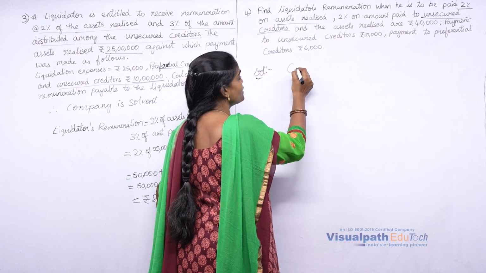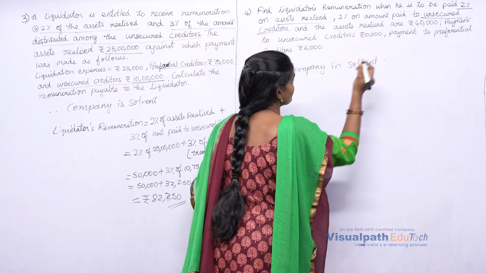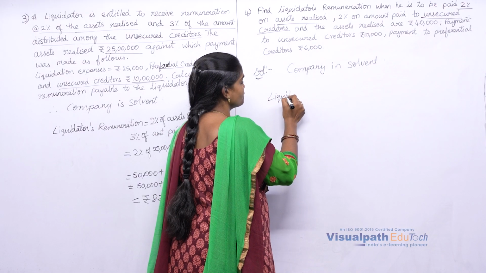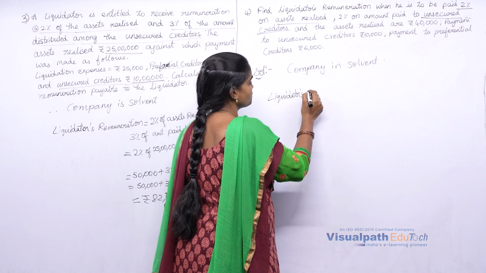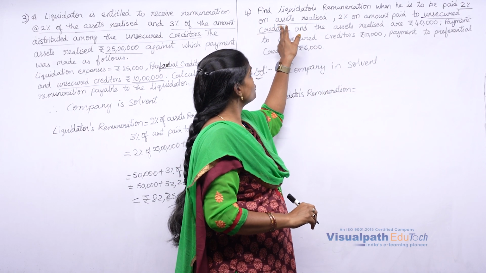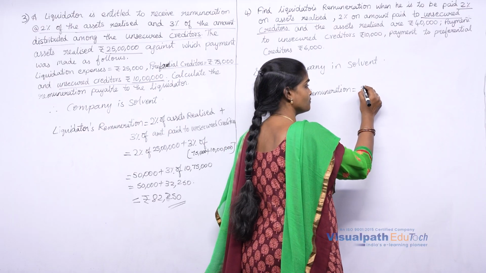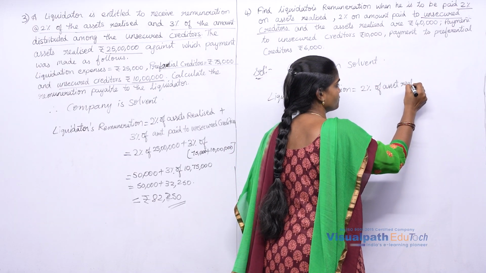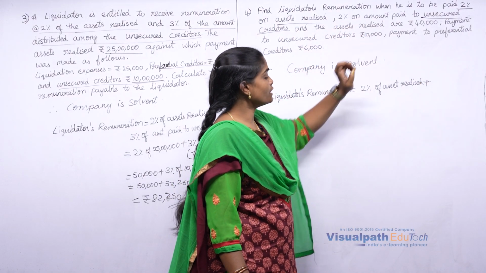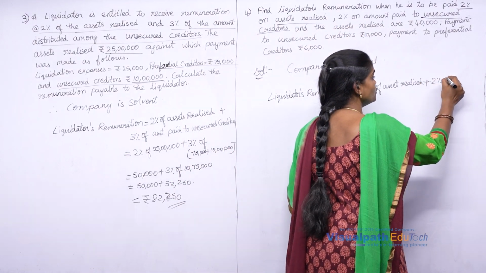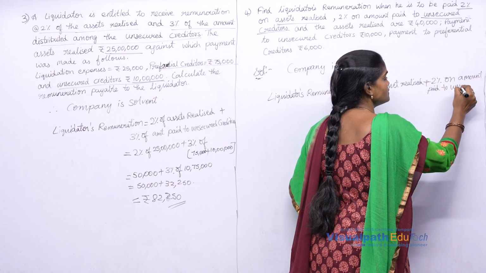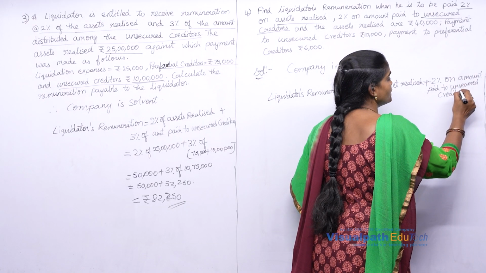First, the company is solvent. Then in this situation, liquidator's remuneration as per the question is 2% of assets realized plus 2% on amount paid to unsecured creditors.